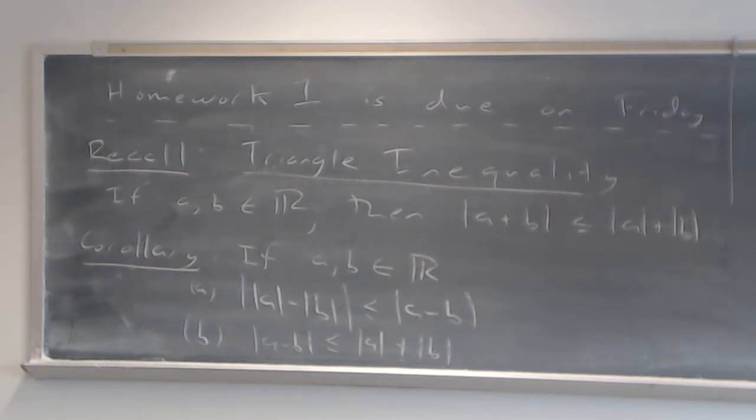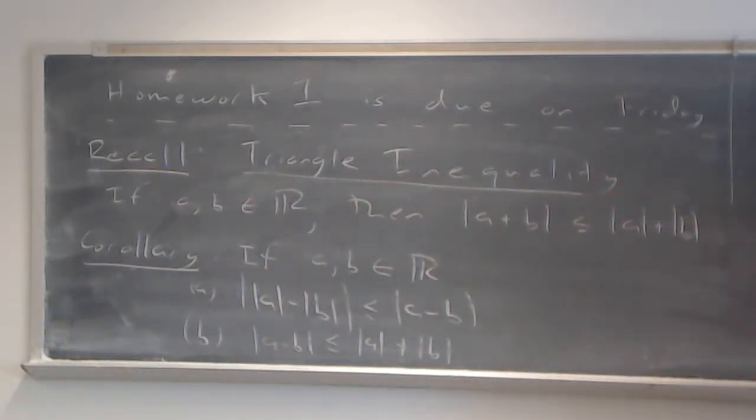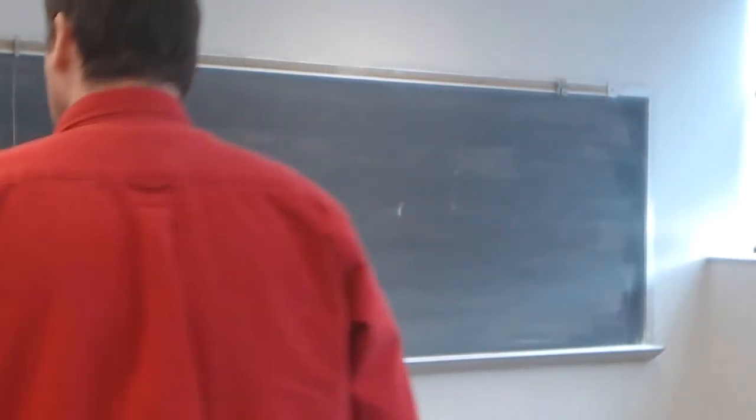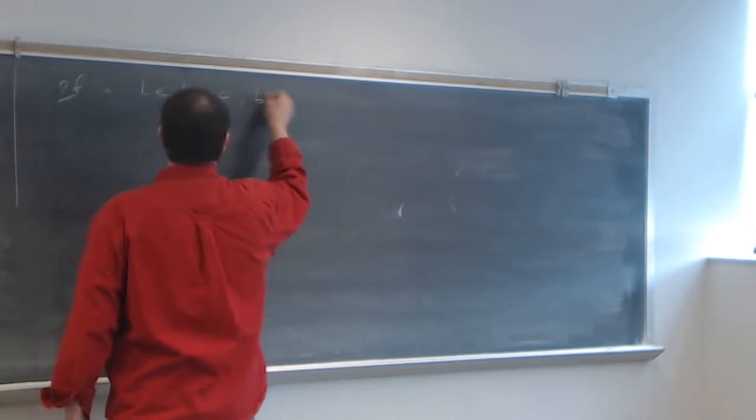Let me make sure I wrote down everything correctly. I did. And let's go ahead and prove it. To prove it, we're going to let A and B be real numbers.